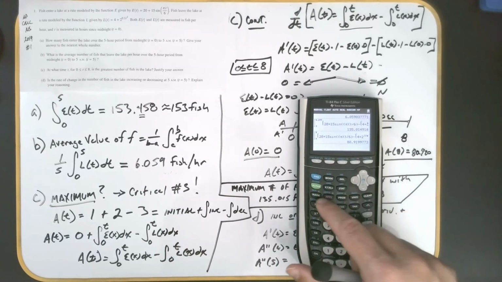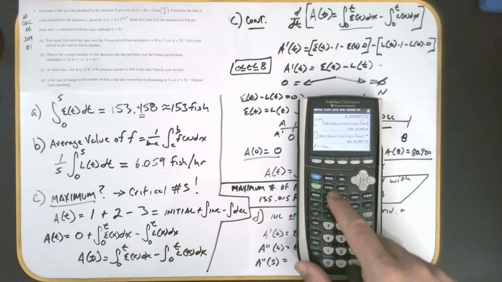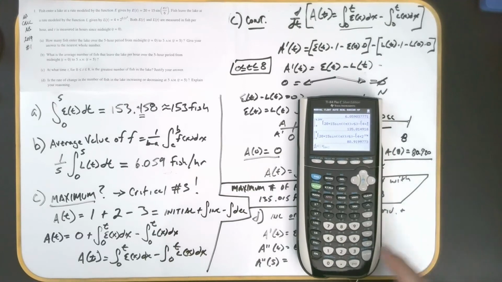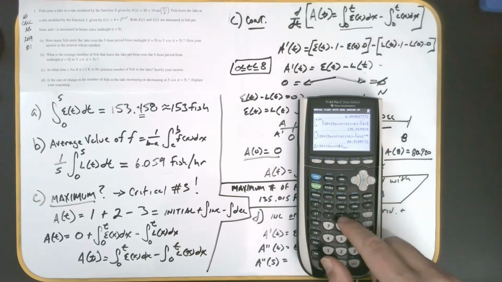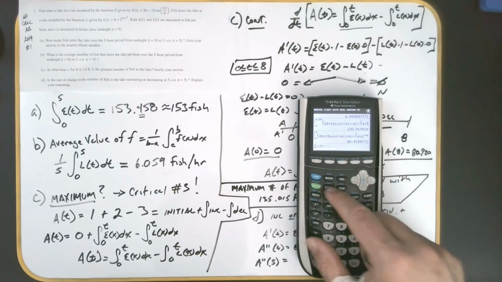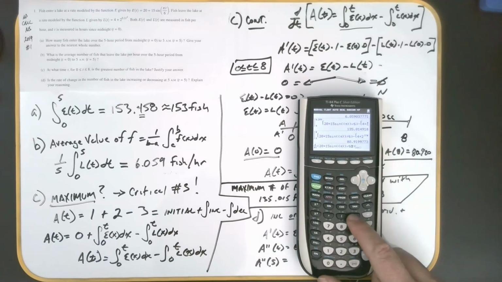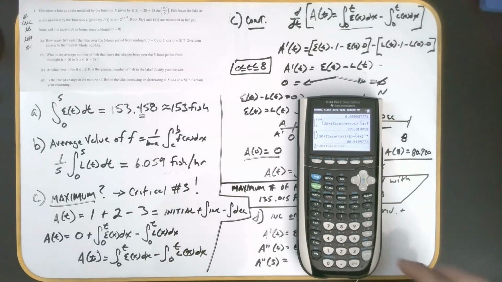On the number 8 here under the math button, let's try that again. Number 8 here, okay? So d dx, and I'm going to put in the function and evaluate at 5. So once again, putting in this function here, 20 plus 15 sine of pi x divided by 6, close that. That's our angle statement, and we want to evaluate that at 5.